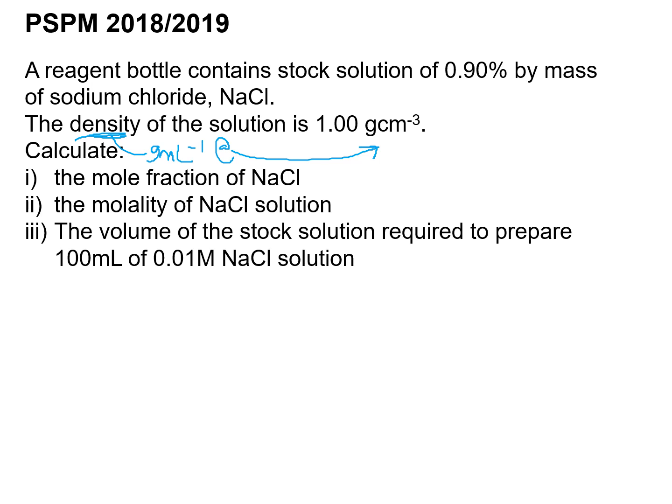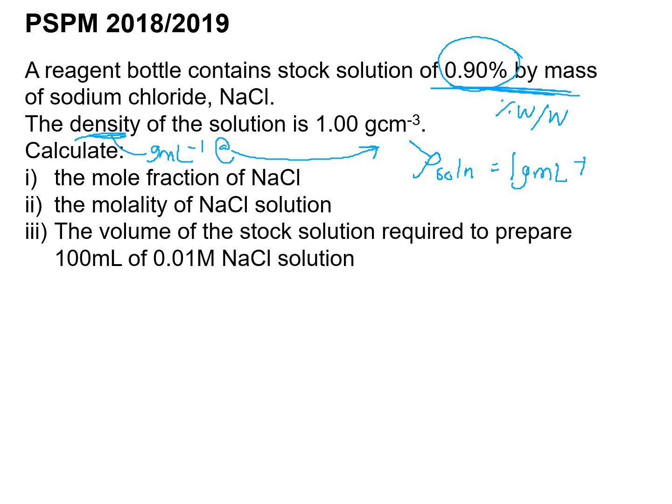Okay, so kat sini soalan ni dia bagi information ni, if we extract it, kita ada percentage by mass of NaCl, which is 0.9%, and also we have another information here, which is bagi the density of the solution, which is 1 gram per milliliter.